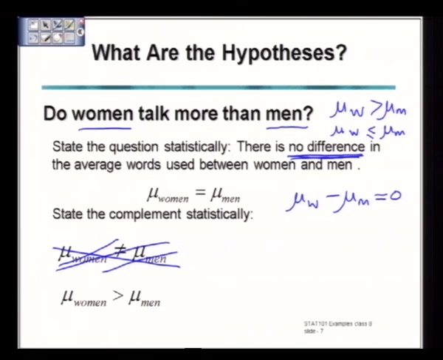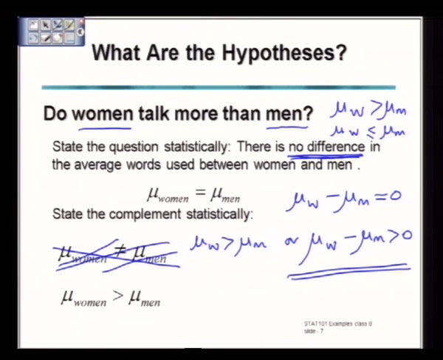So when we're writing our statement for the alternate hypothesis, this will be the mean for women is bigger than the mean for men, or the mean for women minus the mean for men is bigger than 0. So the bigger value will be the mean for women.